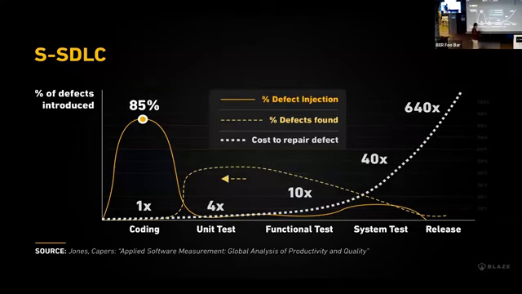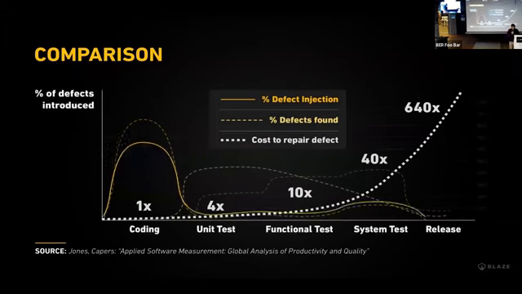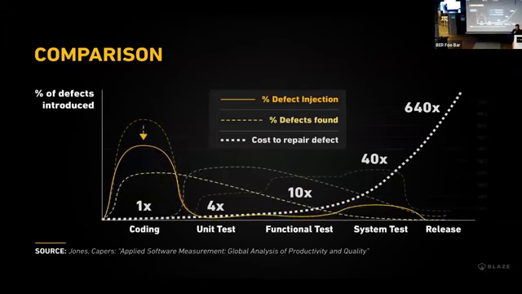Oh, sorry, comparison. If we educate the developer and we properly do our unit test, our functional test and everything, and we pick up the vulnerabilities and defects earlier in the life cycle, you can see that the cost here is much less because we're discovering the vulnerabilities much earlier. So we don't have to go back 1, 2, 3 phases.